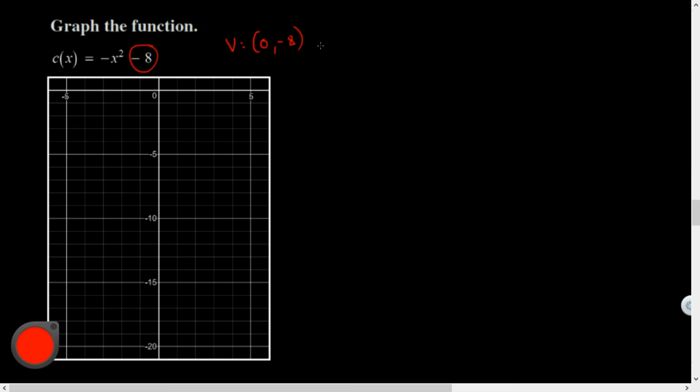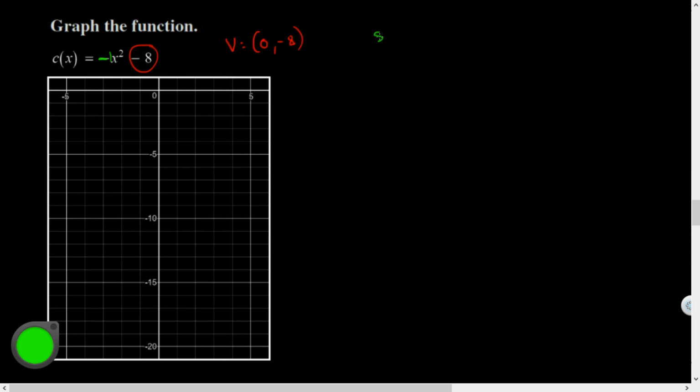Just like with slope-intercept form, y equals mx plus b, my b was my starting point. For parabolas, my vertex is my starting point. And in this case, I've got a negative 1 here, negative x squared. So that's going to be changing my slopes in some way.